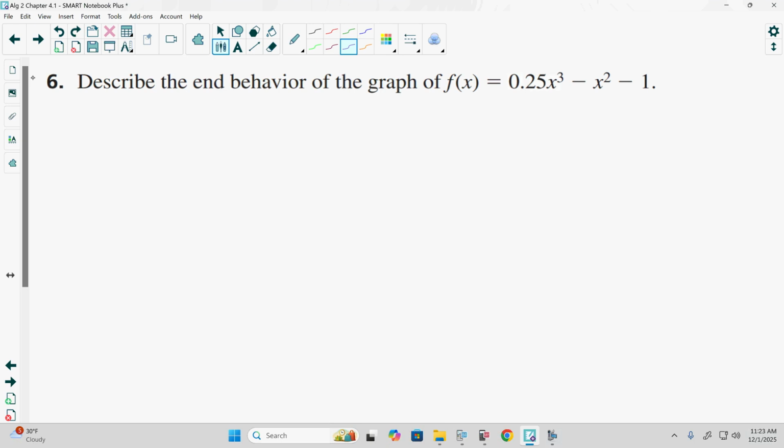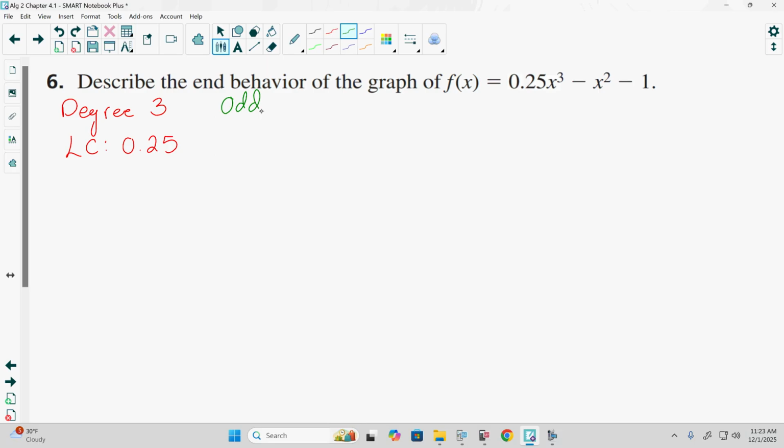Let's look at one more. End behavior of this function here, 0.25x to the third minus x squared minus 1. So the degree is 3, and the leading coefficient is 0.25. With the degree being 3, the degree would be odd.